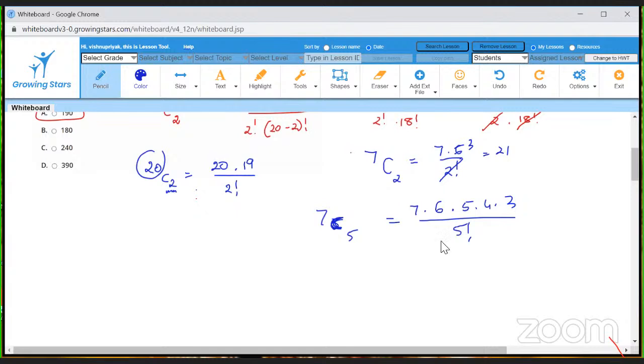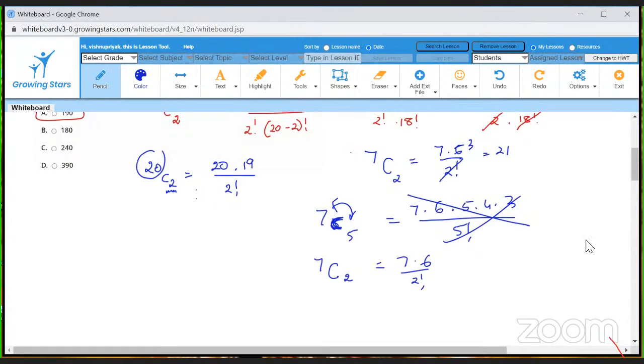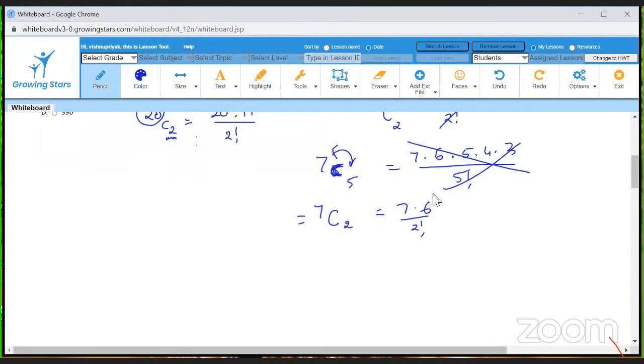So instead of that, you can write this as 7C(7 minus 5), which is 2. Instead of 7C5, you can write 7C2 also. And then start with 7, take 2 numbers, divided by 2 factorial. This is 7C5, this is 7C2, both.